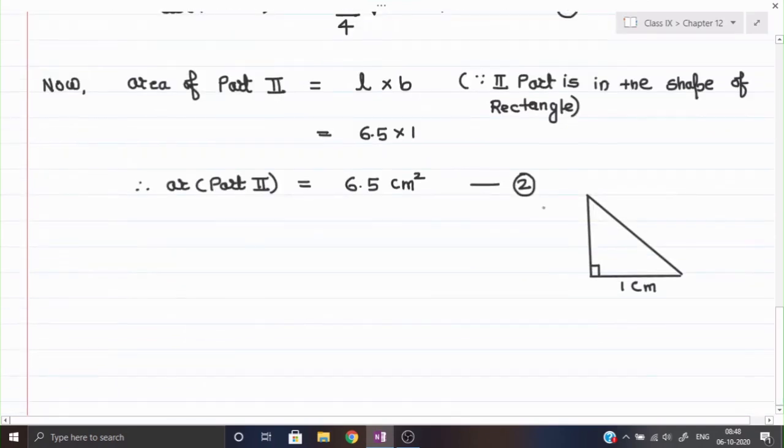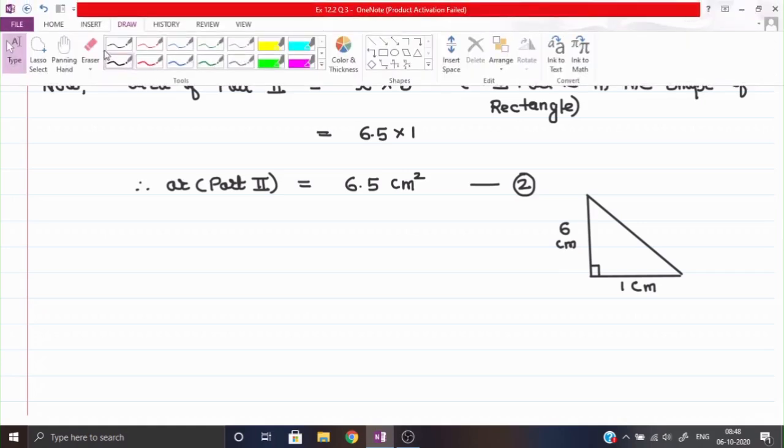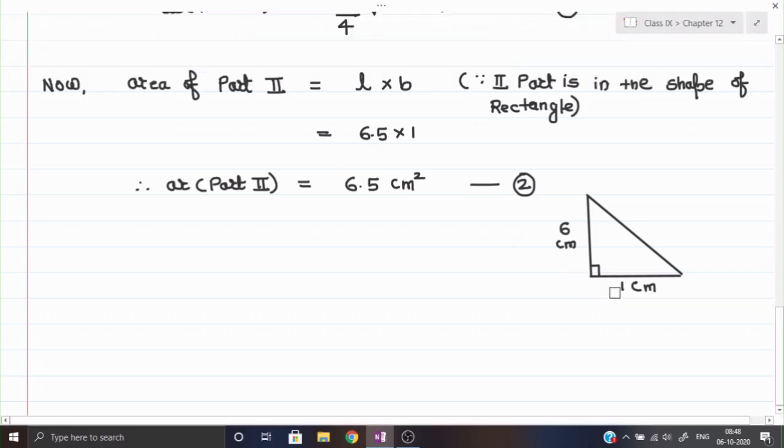Here this will be 6 centimeter, and the one side I have marked as 1 centimeter, that will be basically 1.5 centimeter. Okay, so this will be 1.5 centimeter.